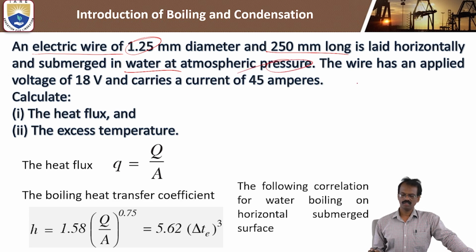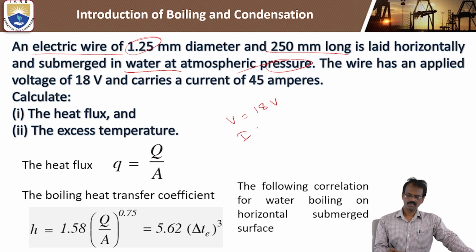The wire has an applied voltage of 18 volts and carries current I equal to 45 amps. If you know the voltage and I, then you can find out Q. Q is equal to V into I.